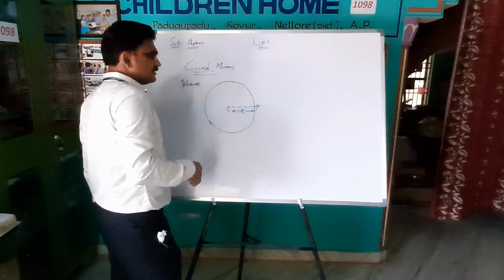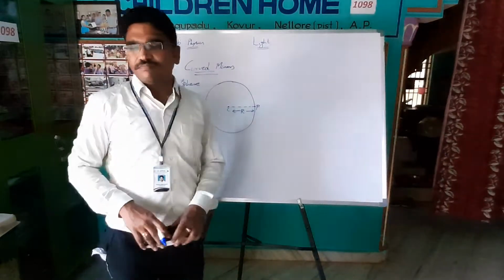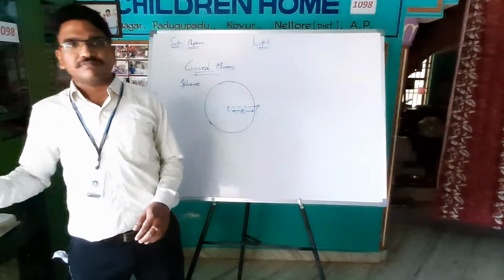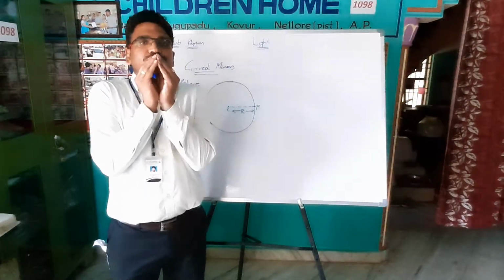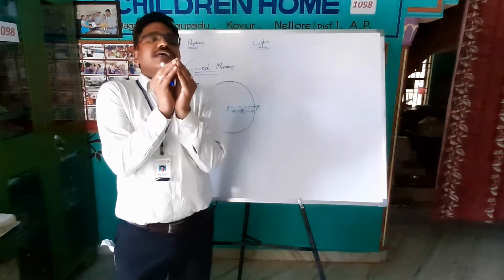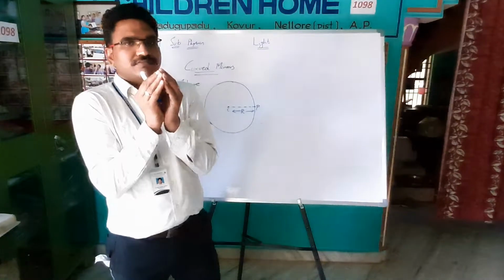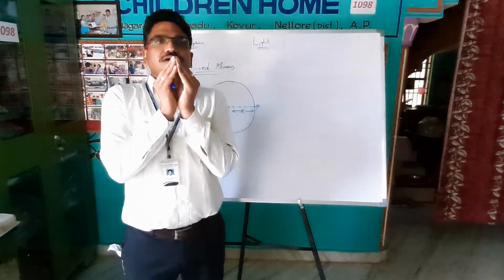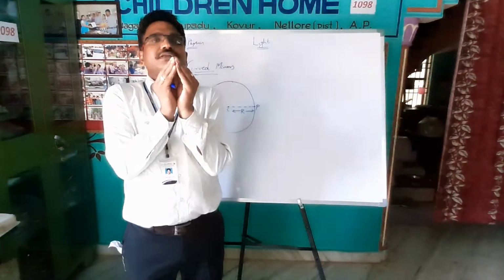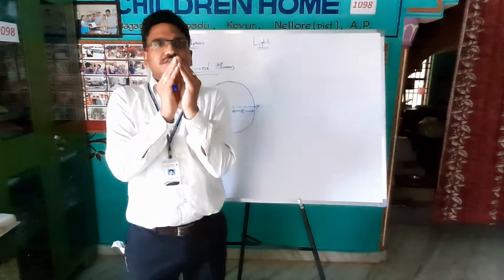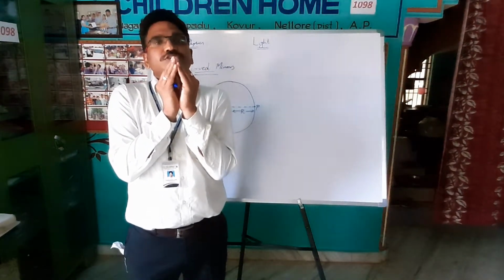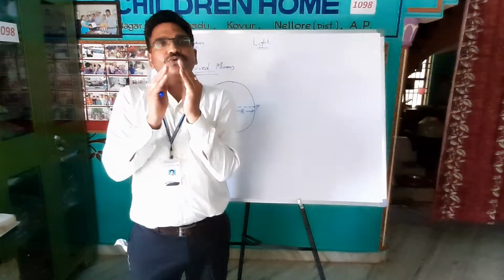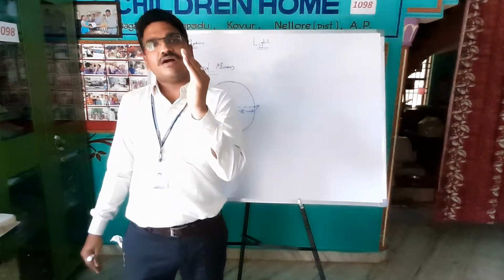Now it is a hollow glass sphere. Imagine this is a hollow glass sphere. Now this hollow glass sphere I am cutting into two halves, and I have taken just one half.